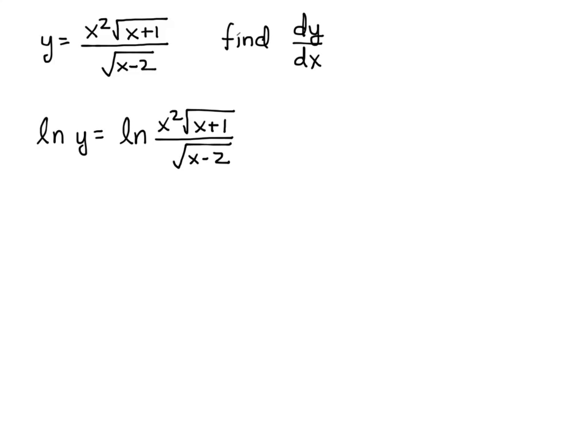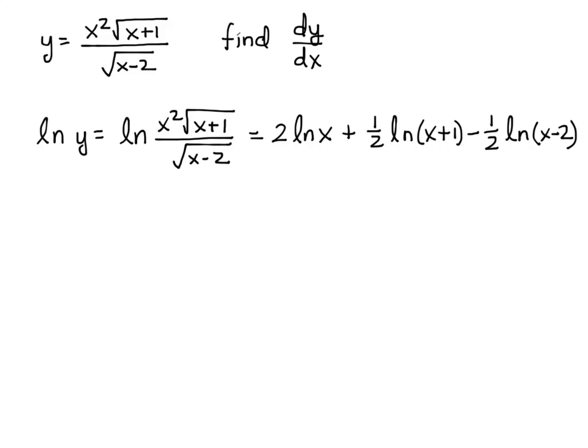And now I'm going to simplify this according to my log rules to be this expression here. The x squared turns out to be 2 log of x. The square root of x plus 1 turns out to be 1/2 log of x plus 1. And then what's in the denominator is a negative, so that's negative 1/2 log of x minus 2.